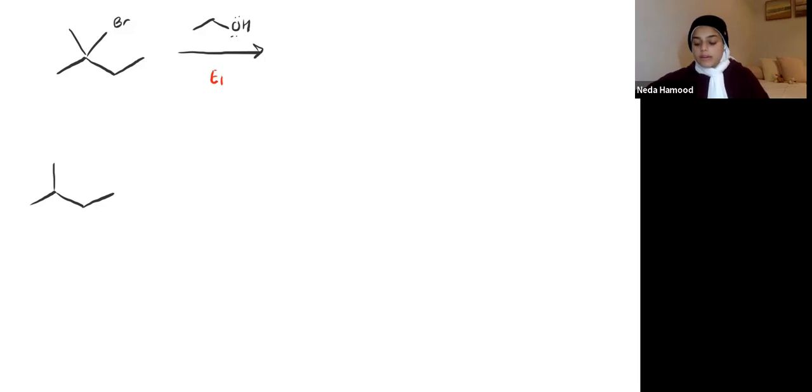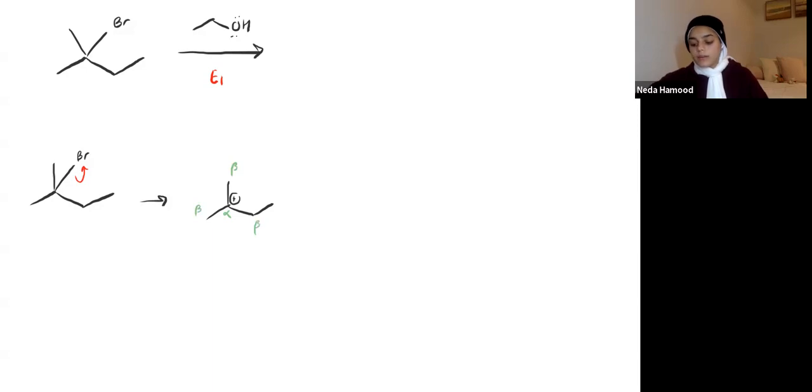Pretty much what's happening is that our bromine is going to leave as our first step, leaving us with this. Then there are 2 options, because this is our alpha carbon, and this is a beta carbon, and this is a beta carbon.